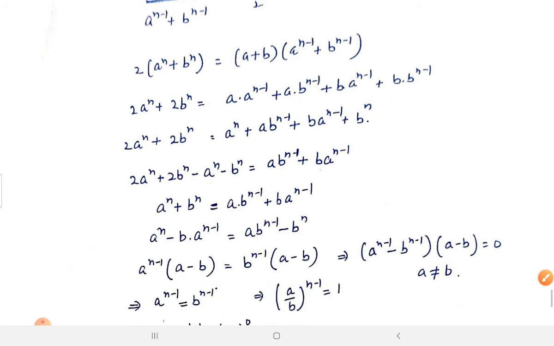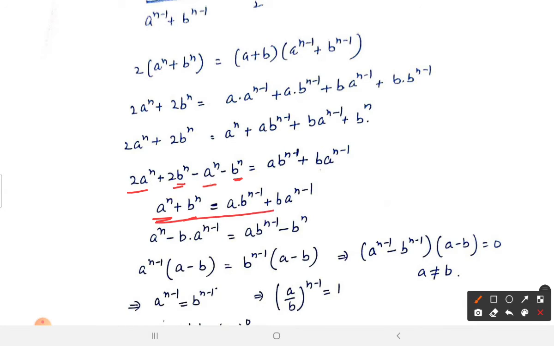So we have 2a^n minus a^n as a^n, 2 times b^n minus b^n as b^n, and this. Now combine this power of a with a and power of b with b to the power n.